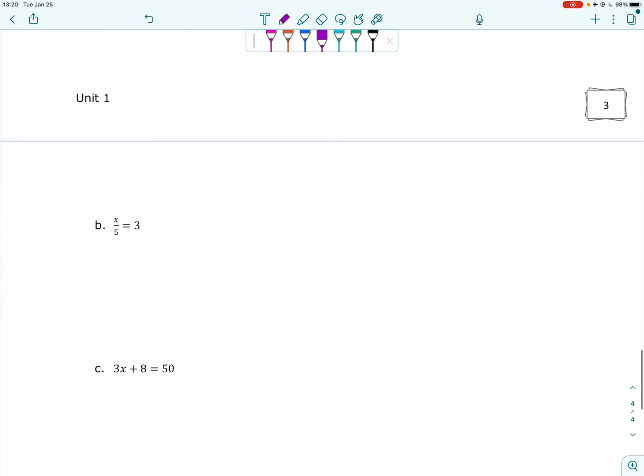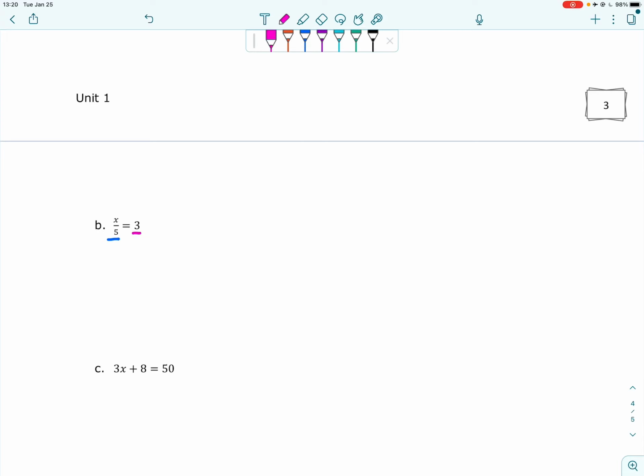Second example that I have, x divided by 5 equals 3. So in this case, I have a variable term here, x divided by 5, and I have a constant here.